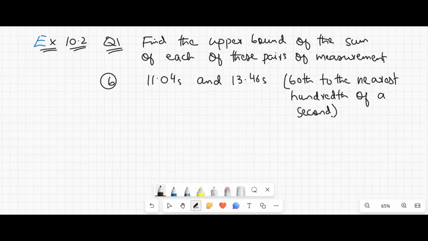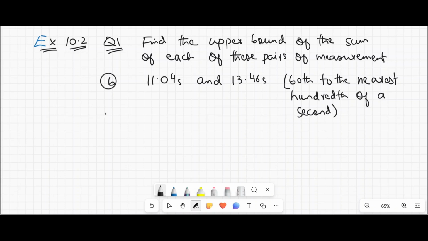Or it's saying three significant figures, I think so. But let me see. No, it's correct. Let's do it, what it says. So we are finding the upper bound of a sum.